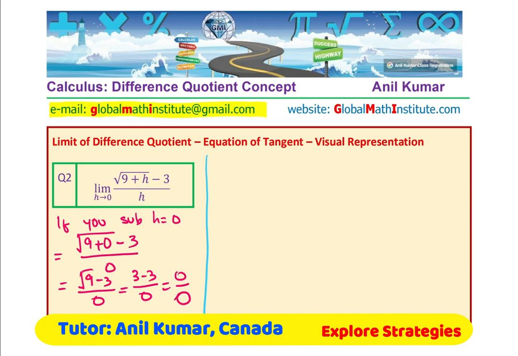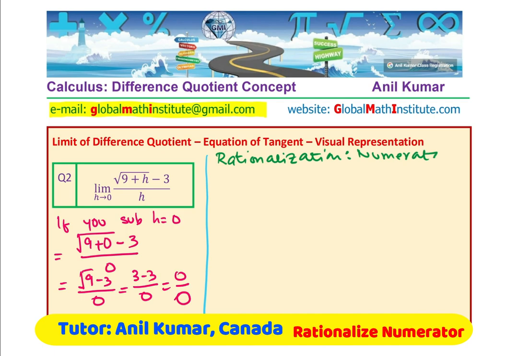Perfect. So in case when you have radicals, we adopt the method of rationalization, right? So in this case, we'll do rationalization of the numerator. Okay. So we have the limit as h approaches 0 of square root of 9 plus h minus 3 over h.